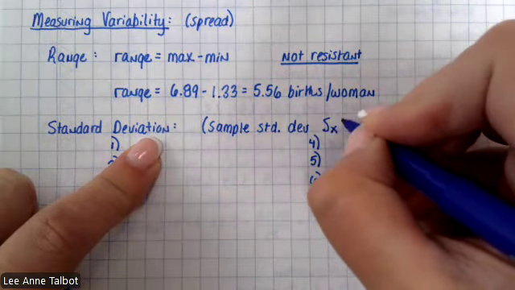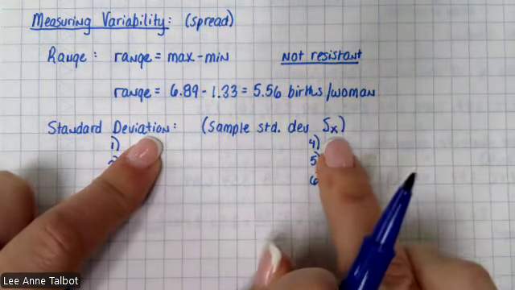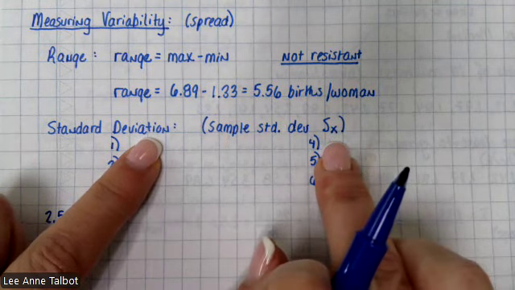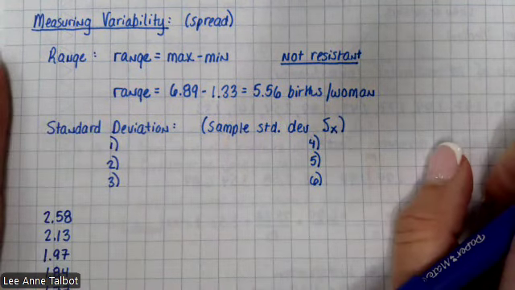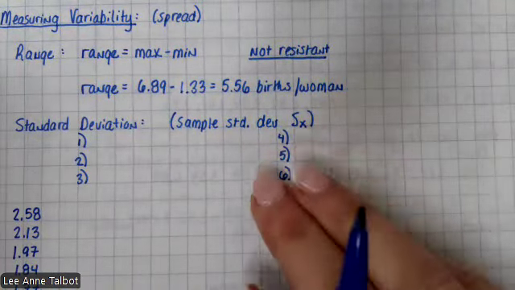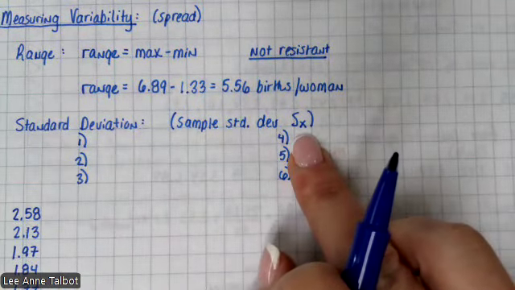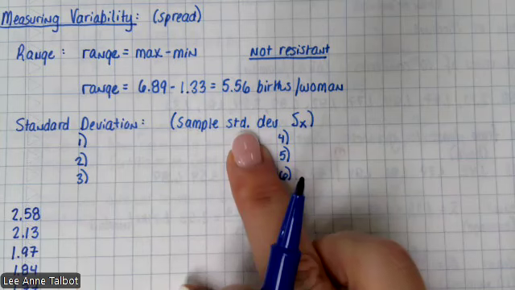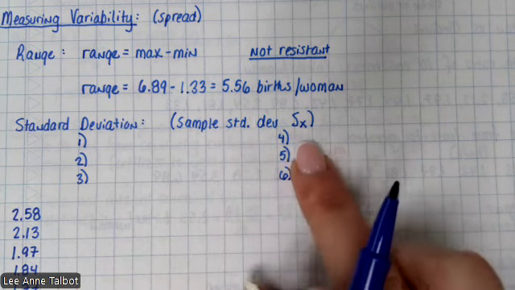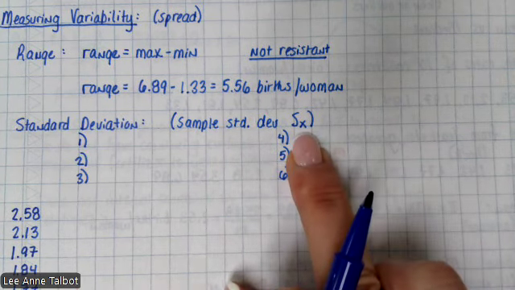And the symbol for that is S with a subscript of X. I call it S sub X. And population standard deviation is different, and we'll talk about that at a different time. But for now, we're going to call this sample standard deviation very specifically because my problem has a sample of 10 countries. And so I'm going to use the symbol S sub X.